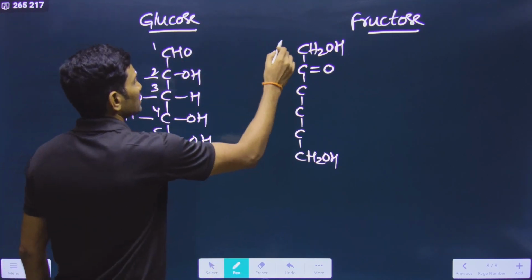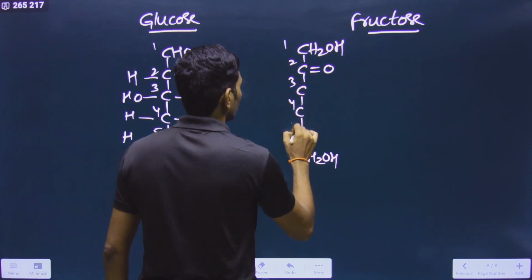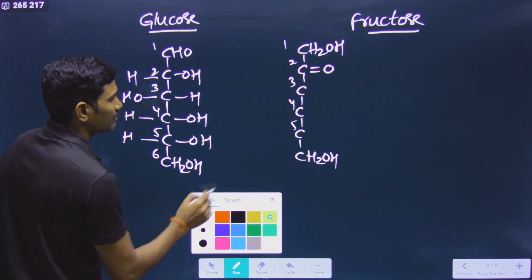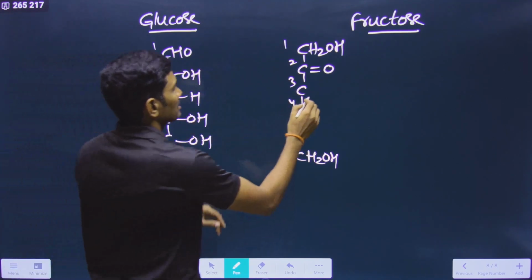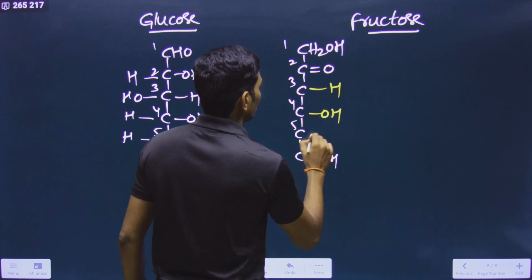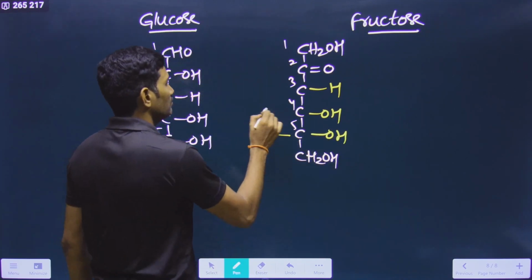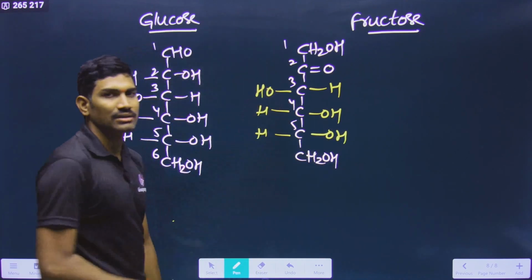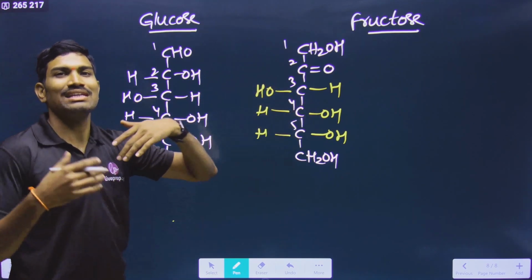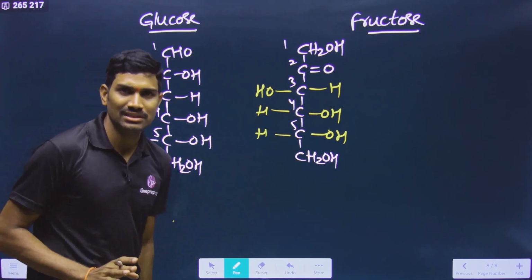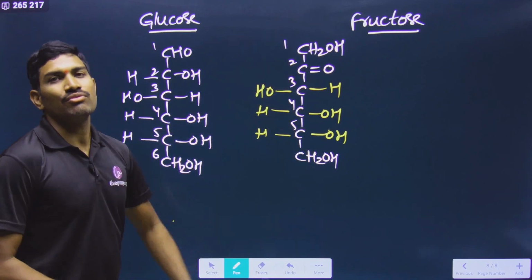This is the first carbon, second, third, fourth, fifth. Now for 3, 4, 5, whatever we write for glucose, as it is, you just write H, OH, OH. So that's what I am saying: if you know the structure of glucose, it is very easy, you can easily write all the other structures. This is the fructose structure.